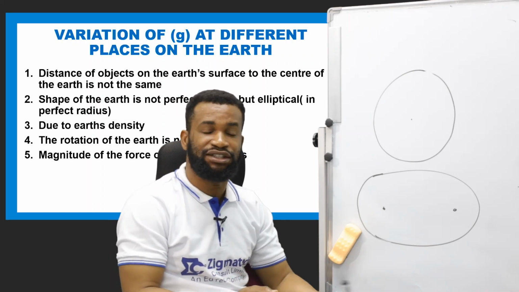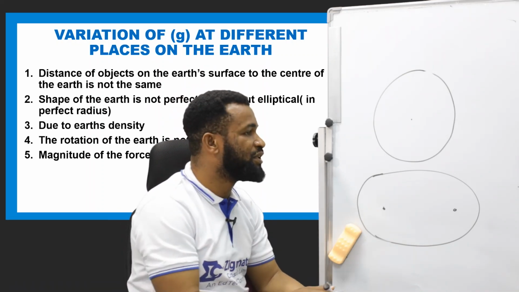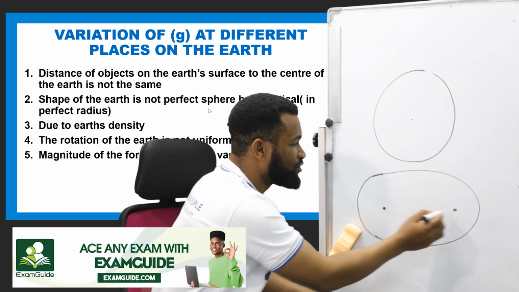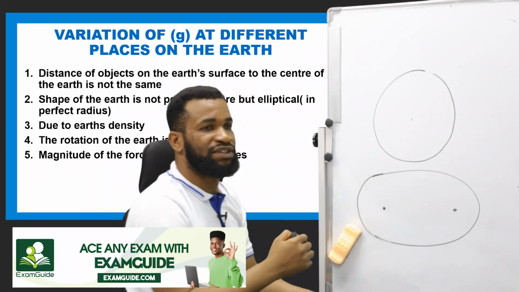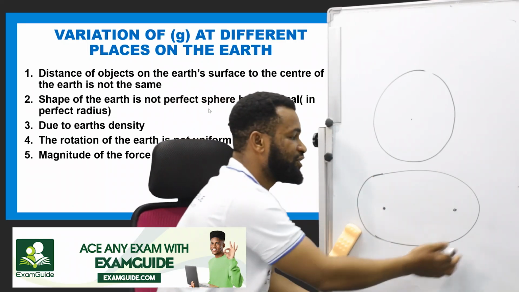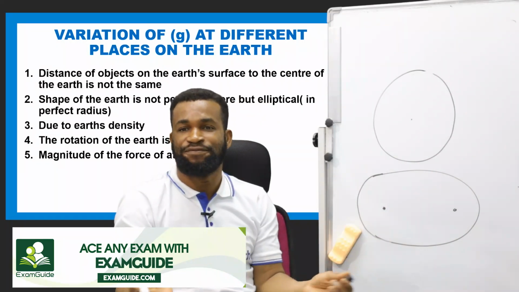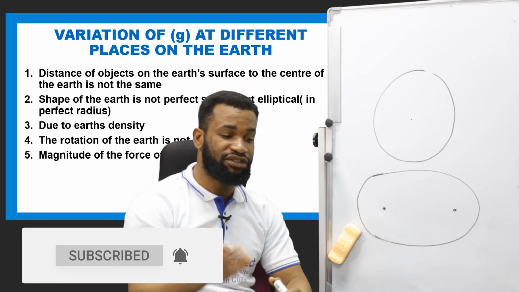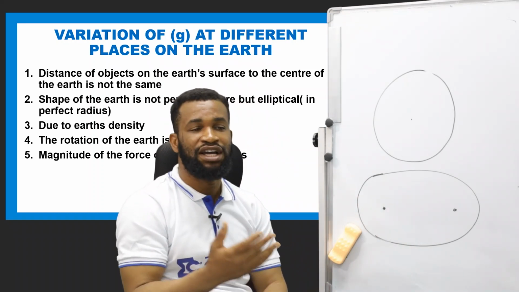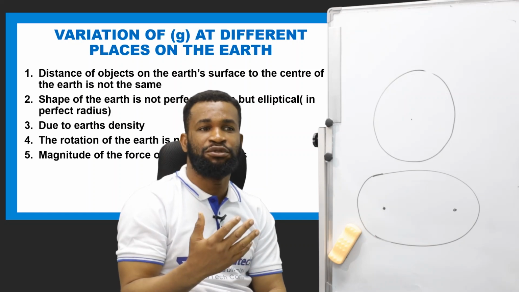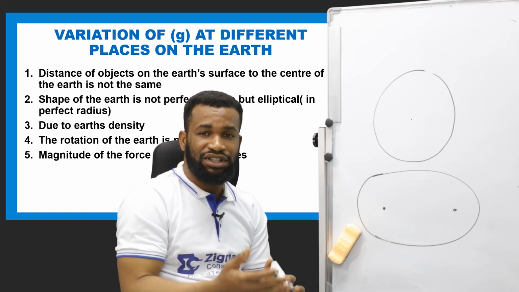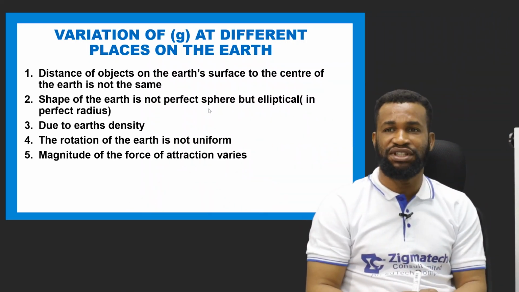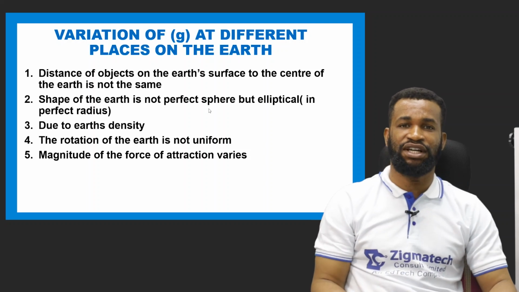And then the rotation of the Earth is not uniform, in the sense that Kepler's law talks so much about, such that at the second focus, the movement of the Earth is a little faster than at the other one, even though they sweep the same area. Also, the magnitude of the force of attraction varies according to Newton's law of universal gravitation. That is also one of the conditions why g is not going to be the same at different places on the Earth's surface.